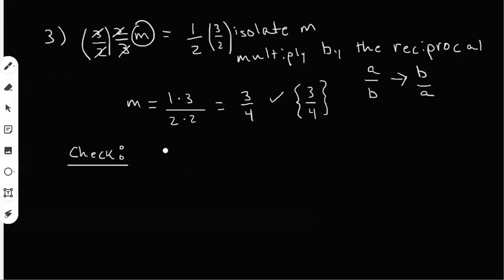Go back to the original problem. 2/3 m equals 1/2. Replace the m with 3/4. You're going to take 2 times 3 at the top, which is the numerator, 6, and 3 times 4, the denominators.